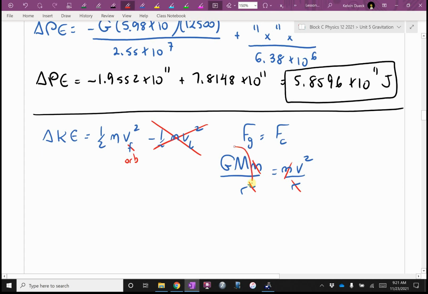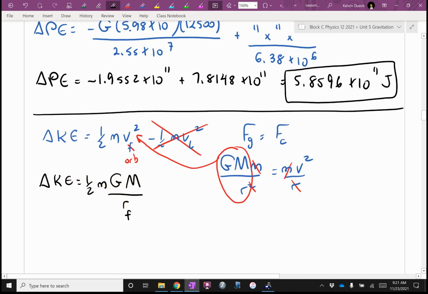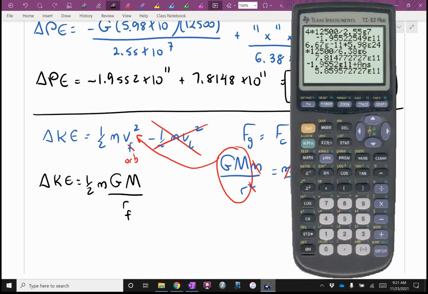I'm going to take this whole mess, and what I'll get, it turns out, is that the change in kinetic energy is a half little m big G big M over R. Wait. If I can bring back a few lines, like say this one, I've got most of this typed in already.